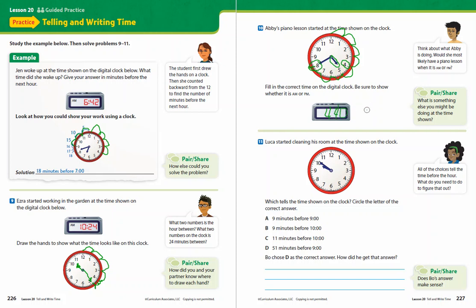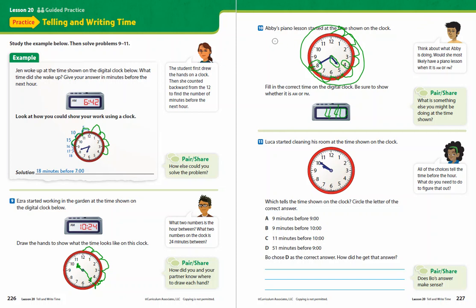Okay. So now it says to decide whether it's AM or PM. But remember, on an analog clock like this red one up here, can we tell whether it's AM or PM? Right, we cannot tell, but we can use our context clues to help us. Abby's piano lesson started at the time shown on the clock.